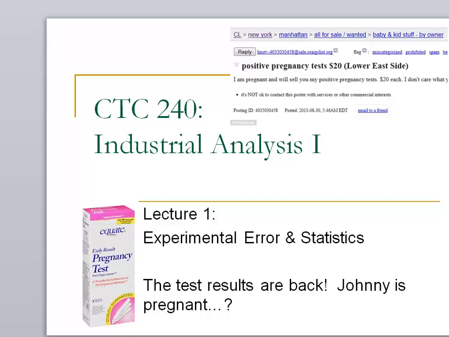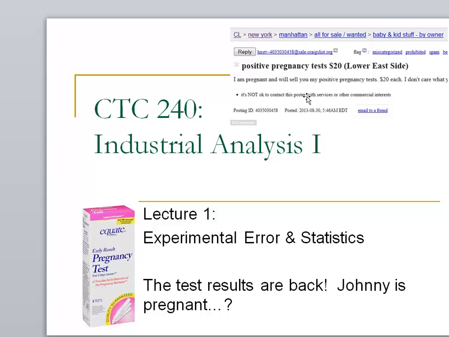We know that certain things like this can happen, and hopefully the world of statistics will fix those types of things for us, because we guarantee that Johnny's probably not the only one to get a false positive. We probably have a poor female out there that has taken a pregnancy test as well that has turned out positive, and she's really not pregnant. So these things happen on a daily basis, and we expect it, and we know that it will go on, and statistics allows for us to fix for some of those problems.